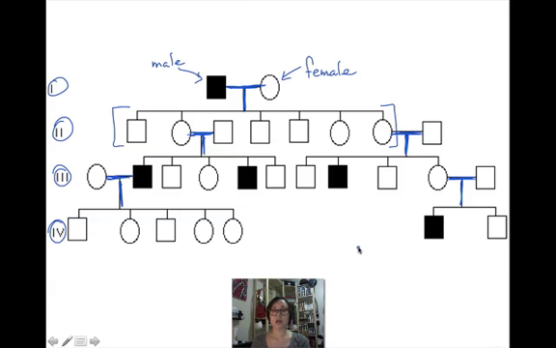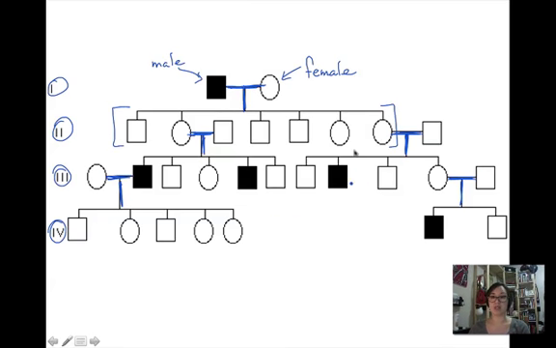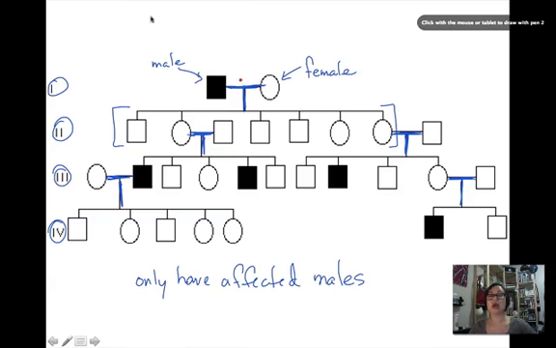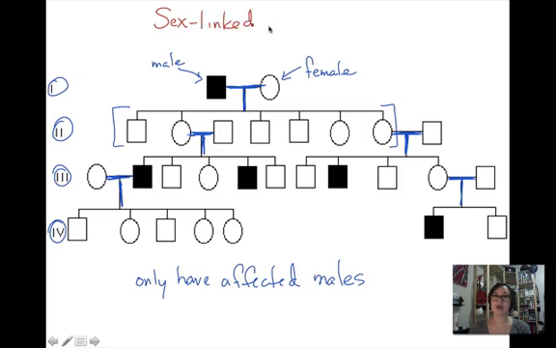So the first thing that I want to ask myself is, do we see anything unusual? And the first thing that I notice is that I have a disproportionate number of males to females that have this particular phenotype. In fact, I only have affected males. So I don't have any females with this particular phenotype. So that immediately tells me something. It tells me that we're definitely dealing with a sex-linked trait.